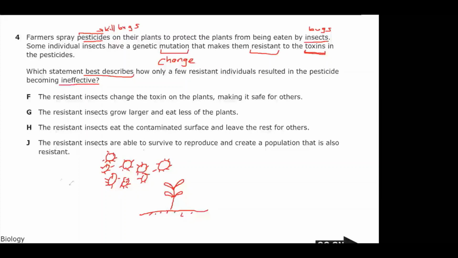And then the farmers, let's say we have a farmer here. This is our farmer, and he has pesticides, okay?